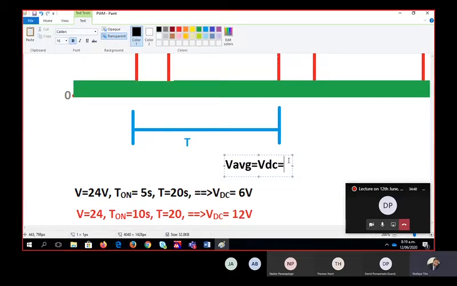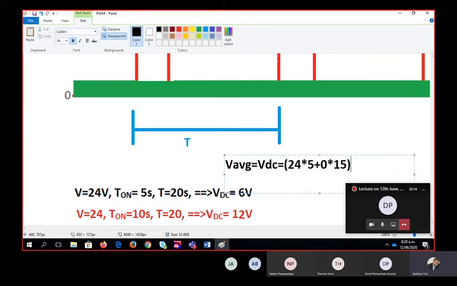So that will be 24 volt, and that is on for 5 seconds, right? And for the rest of the 15 seconds it is 0 volt. And then I can find out the average over these 20 seconds.